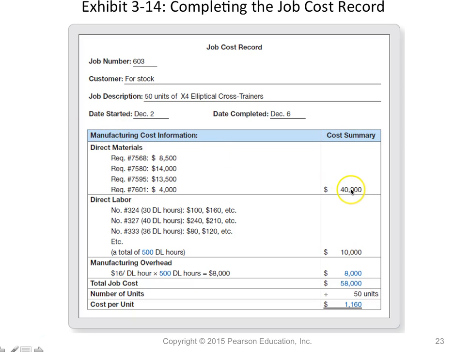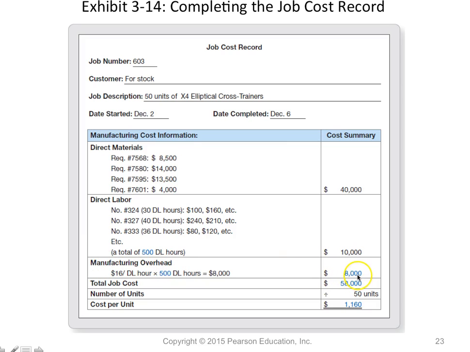So $40,000 is for the requisition for the direct materials, and $10,000 is the direct labor we have just mentioned. Now we have 500 hours for this job, and $16 per labor hour has been calculated, so $8,000 will be used as the estimated manufacturing overhead.